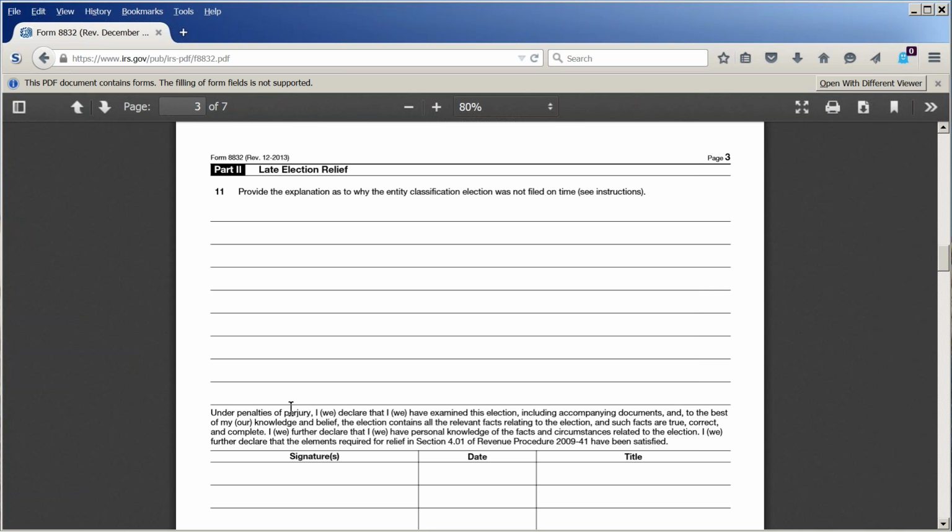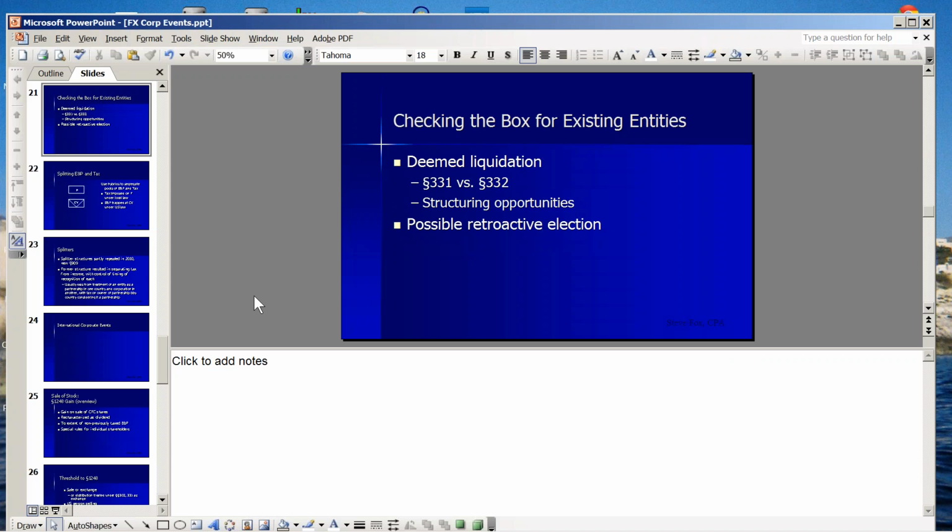If you're changing how something is treated from how you reported it before on a tax return, then there'd better be a really good reason, because otherwise they won't rubber stamp it yes. So again, Form 8832, piece of cake, and you get to play all sorts of fun games with it.